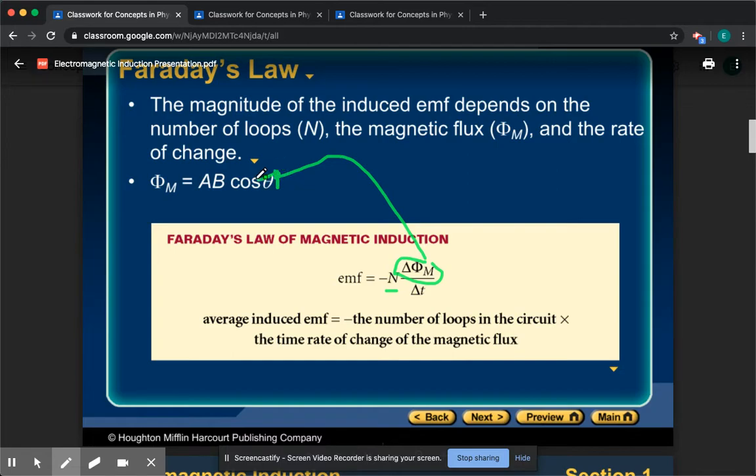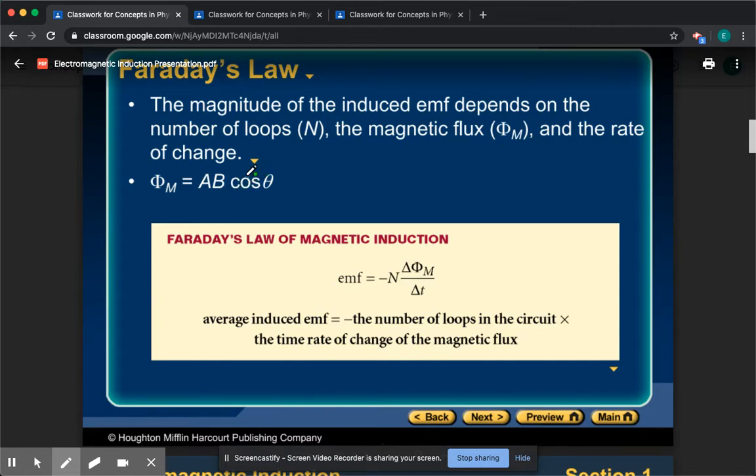And I know you see the cosine and you see the angles and you might be getting a little nervous, but I'll take care of that right now. None of the problems that we are going to be dealing with are going to have any particular angles. We are going to assume that everything is under perfect conditions, which means perpendicular.